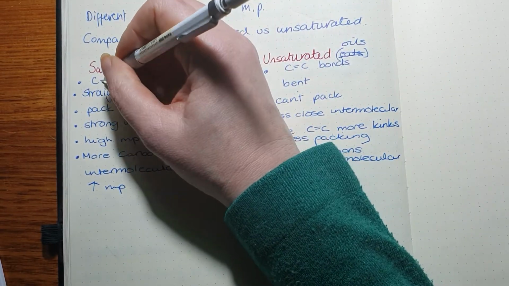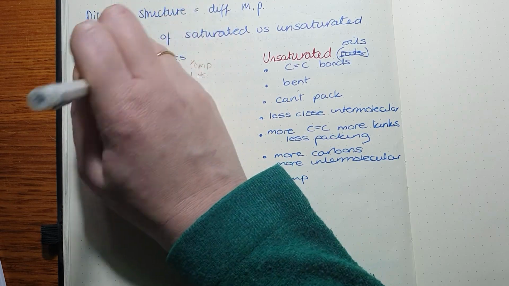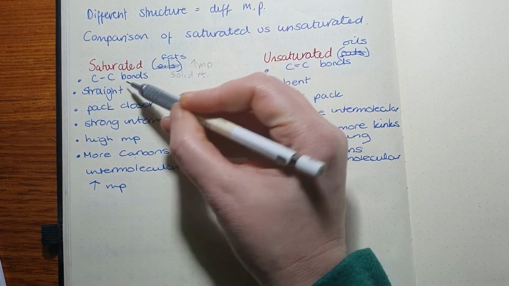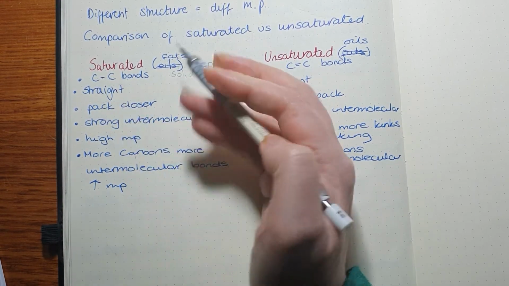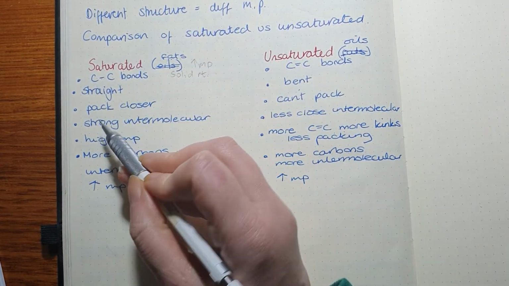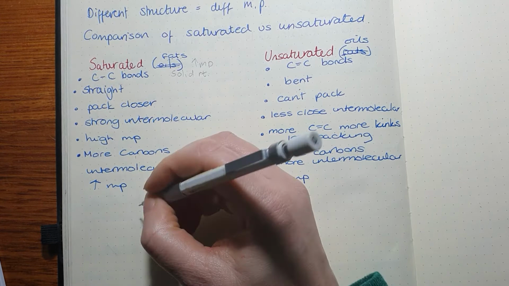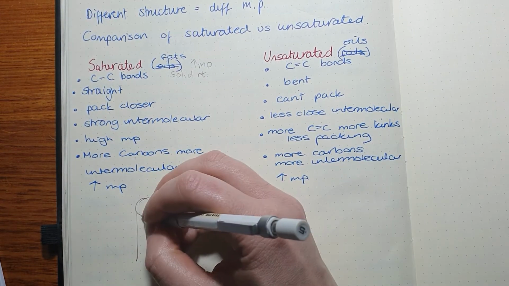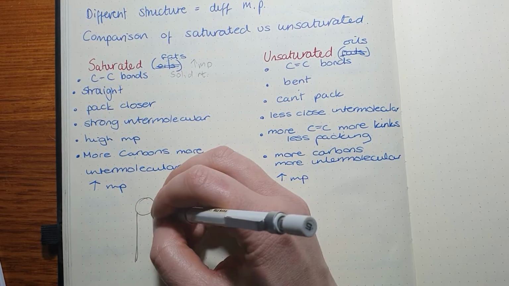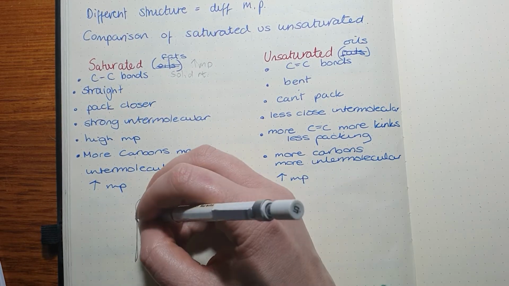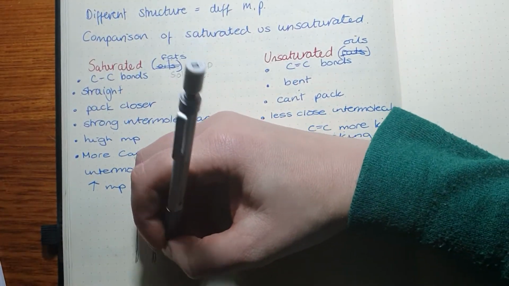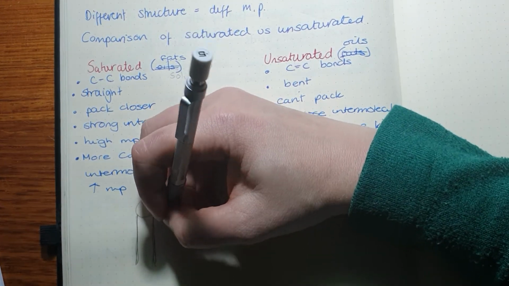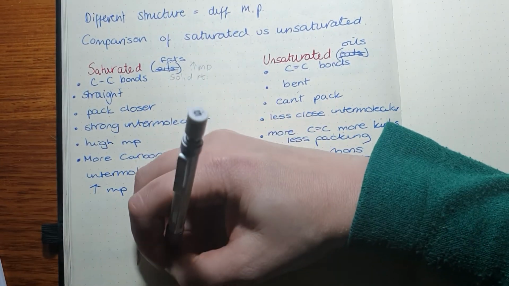Saturated means it's just got these carbon-carbon single bonds, so carbon-carbon single bonds only, just like all organic chemistry. This means it's a straight chain and it can all pack closer. So if we're looking at them as a diagram, this is my biology thing, it's going to look like that because all of my carbons are going to kind of line up with each other. Like that.